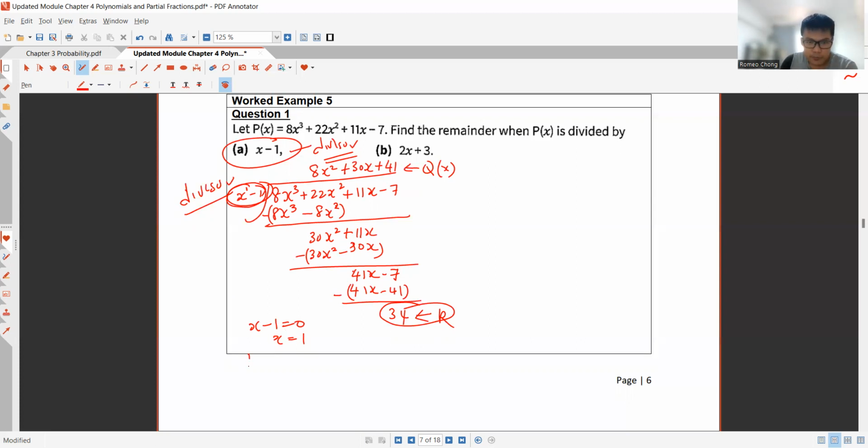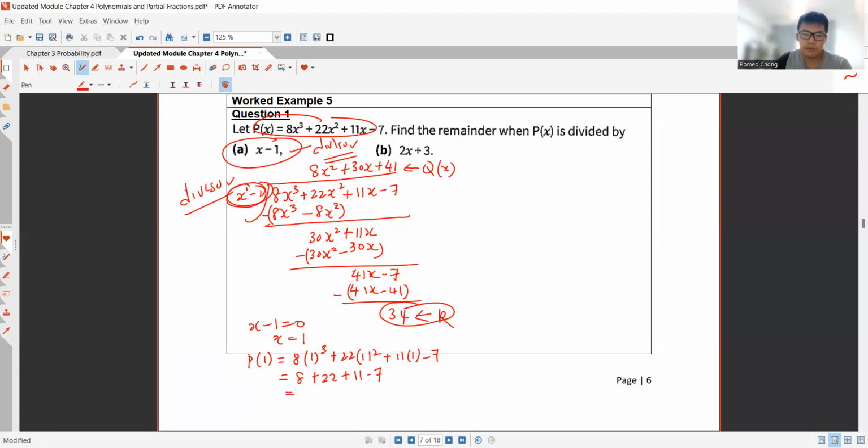When you substitute p(1), this 1 will go into the x of your polynomial. So the answer will be 8 times 1 cubed plus 22 times 1 squared plus 11 times 1 minus 7. So you get 8 plus 22 plus 11 minus 7.